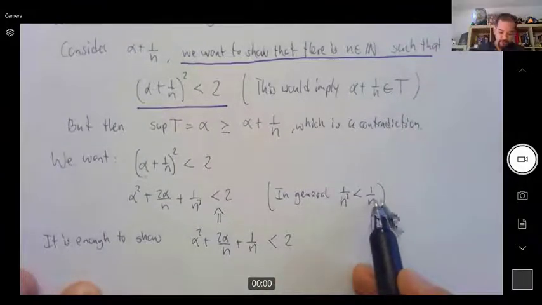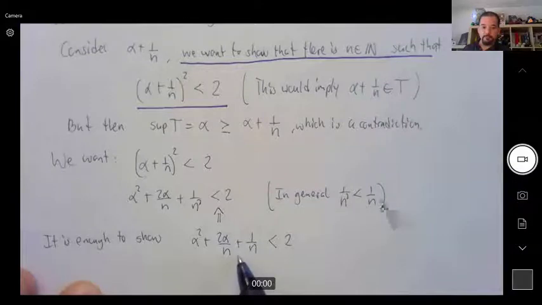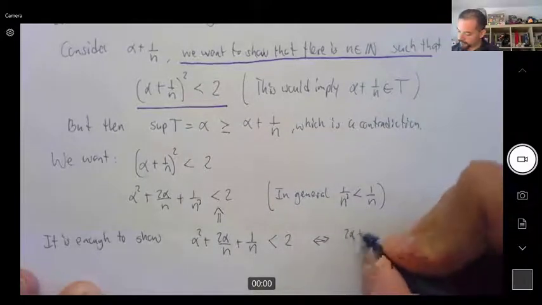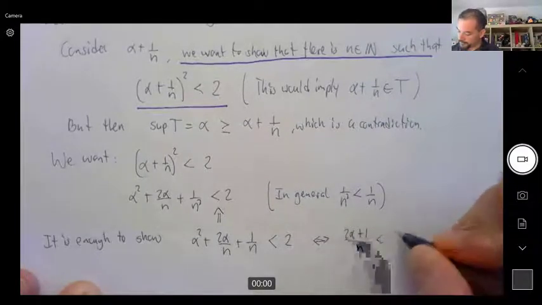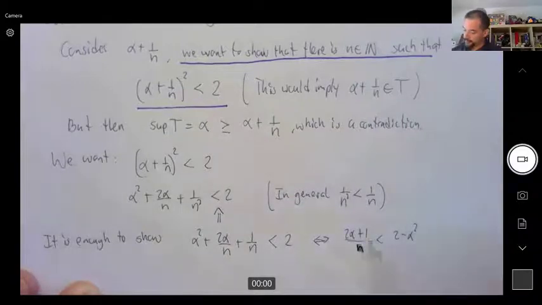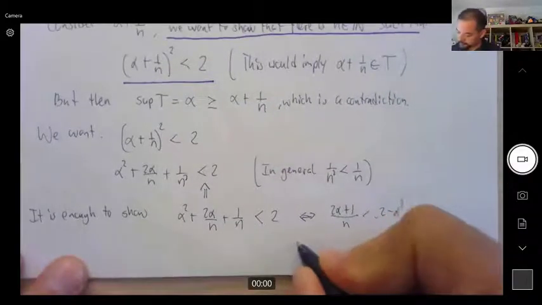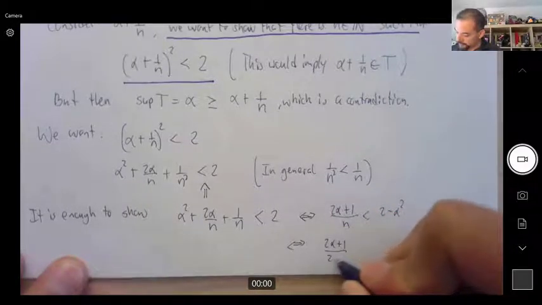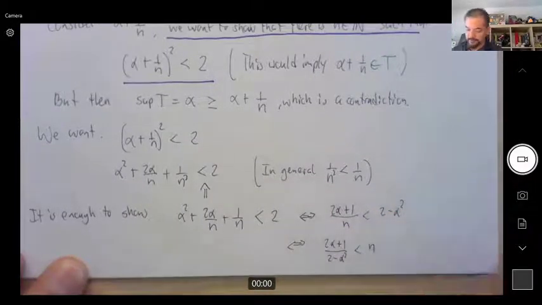And that's good. This is convenient because now I can solve for n. From here, this inequality is the same as 2 alpha plus 1 over n less than 2 minus alpha squared, which is the same as 2 alpha plus 1 over 2 minus alpha squared less than n.